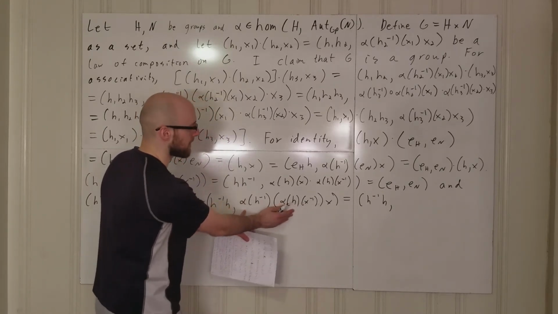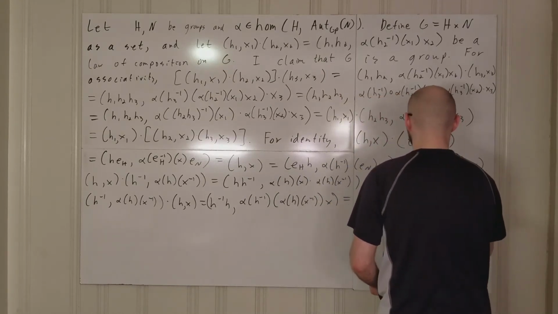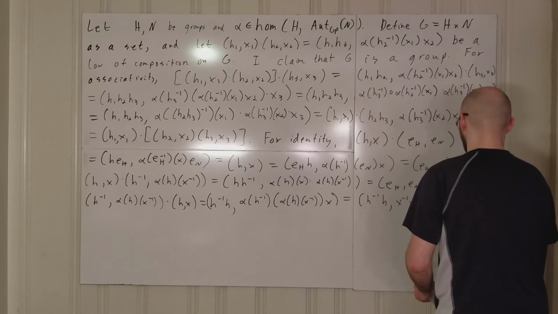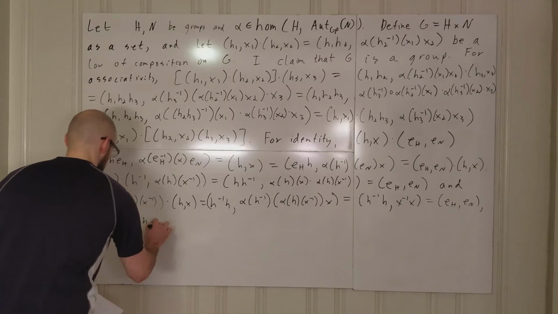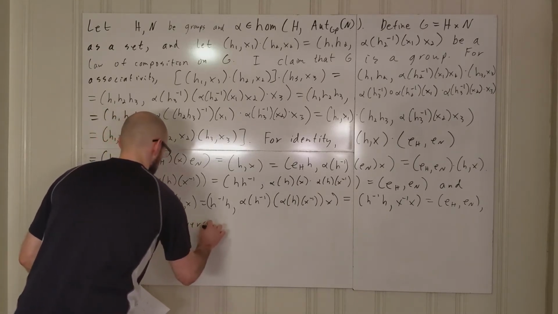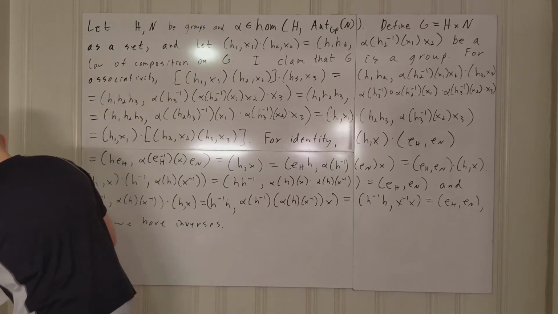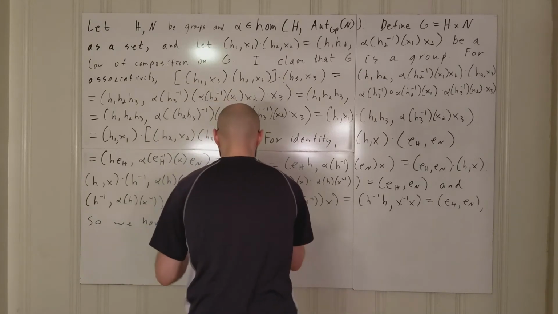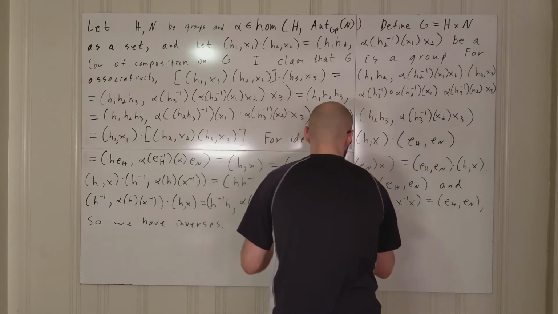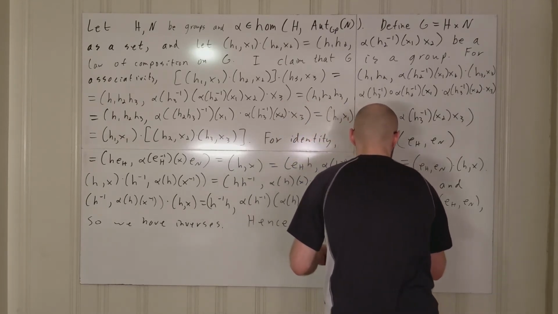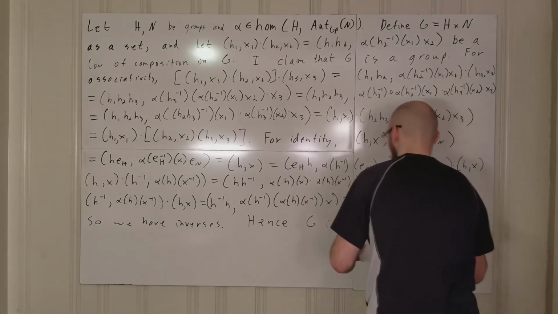And so if this is the identity map and we're plugging in x inverse, we're just going to get x inverse, and then the x there stays, and so we have inverses. Hence, G is a group with this composition law.